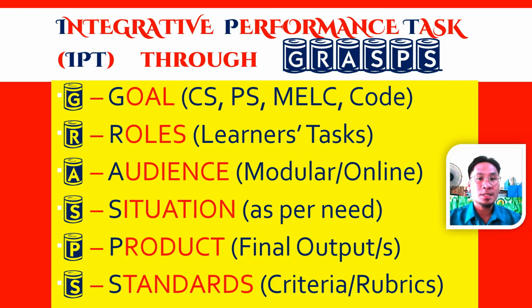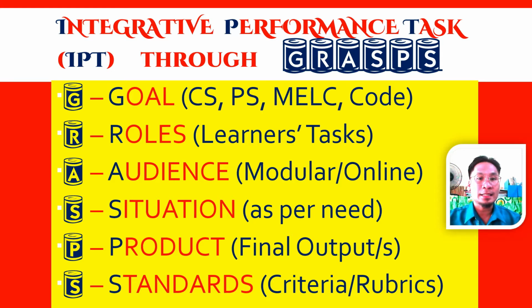R is for roles, or the tasks and to-dos of the students. A is for the audience of the outputs, whether in modular or online learning. The first S is the current situation that says that the output is needed for this time.